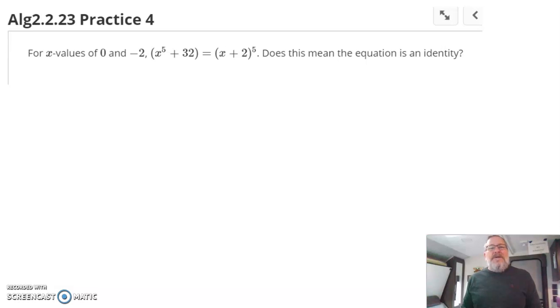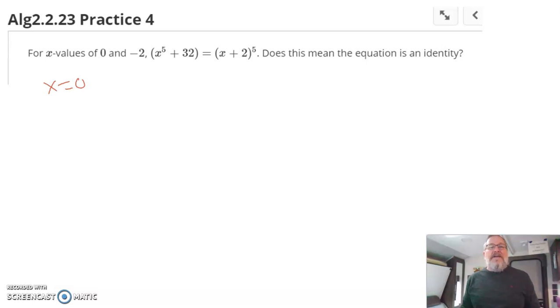Last one. I had several students actually say for several reasons that this is true. Okay? We plugged and chugged 0 and you found it to be true? Yeah. You plugged and chugged -2 and guess what? It would be true. So there were some little mistakes along the way. First, let's verify.